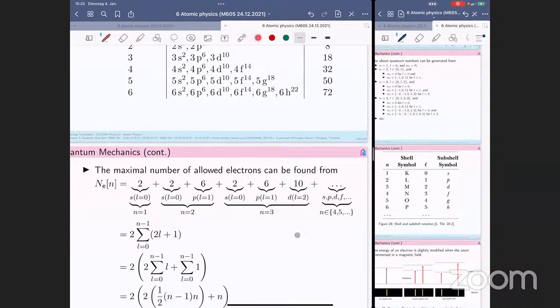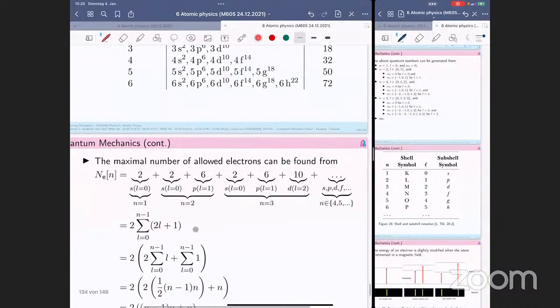Okay, s, p, d, f. For n equal to 1, we have only l equal to 0. For n equal to 2, we have l equal to 0 and l equal to 1. For n equal to 3, we have l equal to 0, 1, and 2. And you just make the combination to get 18, 8, and 2, and so on.